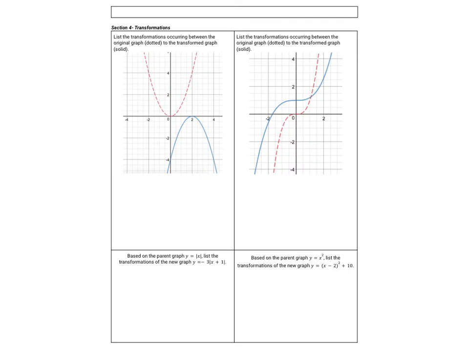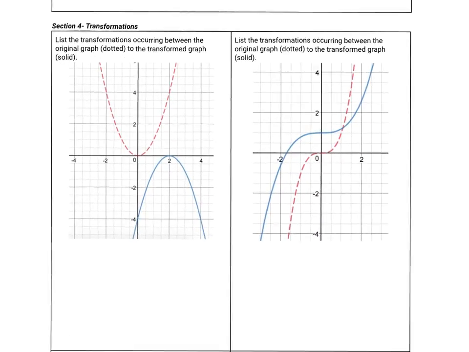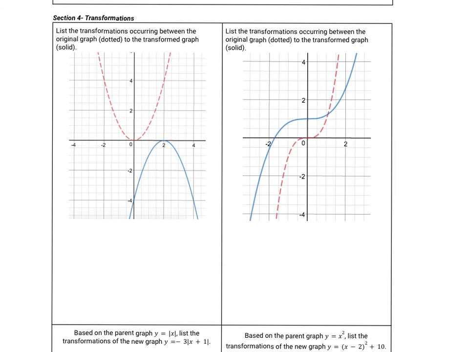And a. So section 4, we talked about transformations. So contraction, expansion, vertical shift, horizontal shift, and reflection. So in the first one, we're going to list the transformations from our original graph, which is the dotted one, to our transformed graph, which is the solid one. So first thing I notice is that it is a quadratic and it's opening a different direction.